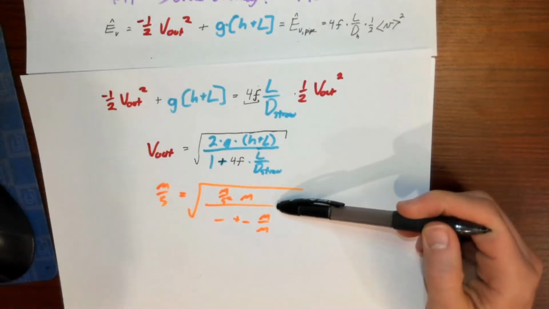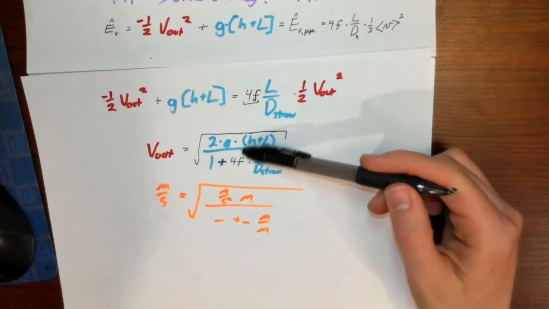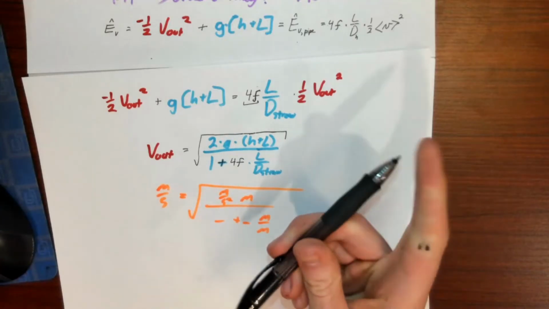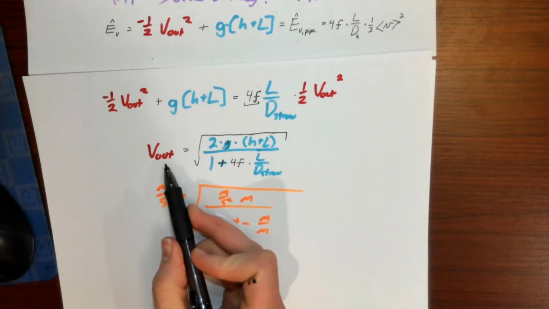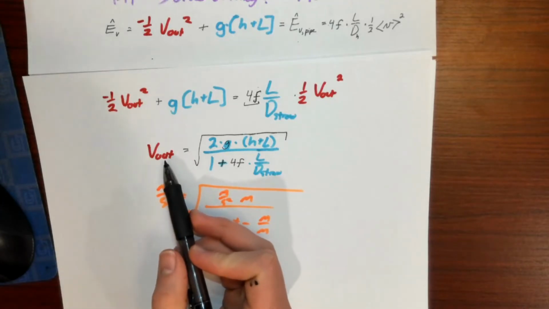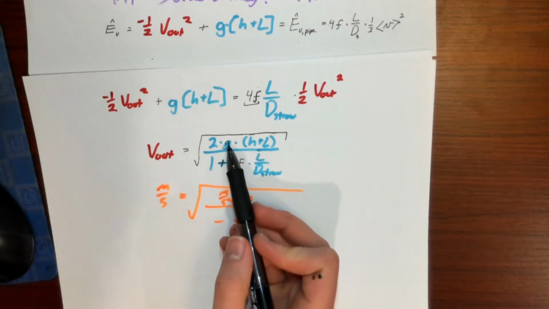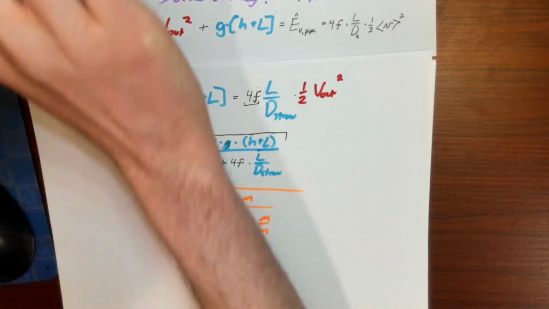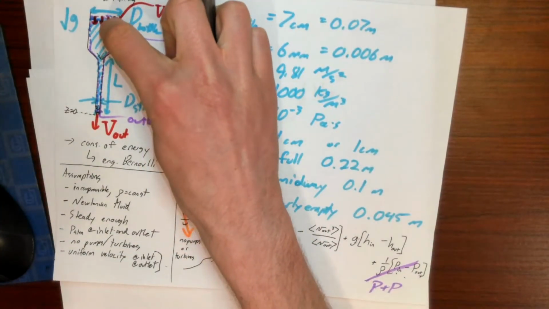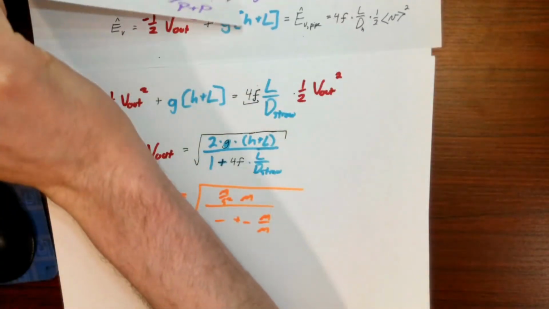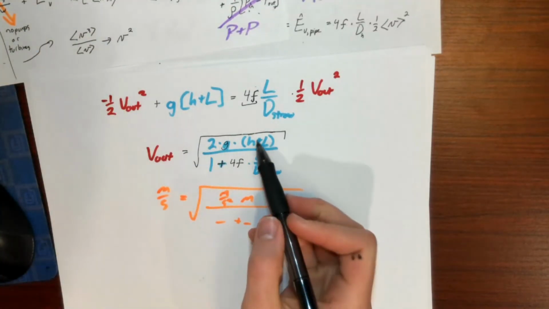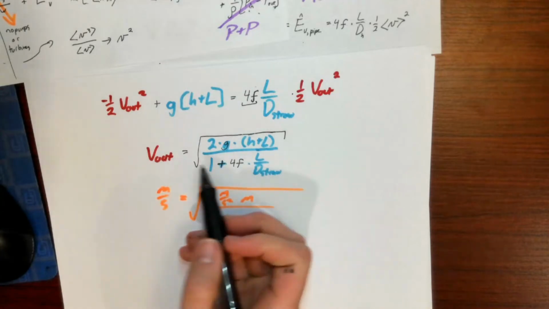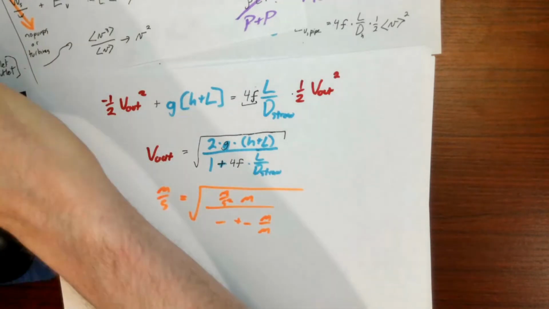Another sanity check is to look at what happens to these various terms. If G gets really big, then we would anticipate our outlet velocity gets big, and that makes sense too, right? The more gravity we have, the more gravity is going to get that fluid going, the more potential energy the fluid had to start with. As H increases, we expect Vout to increase, and that makes sense, right?